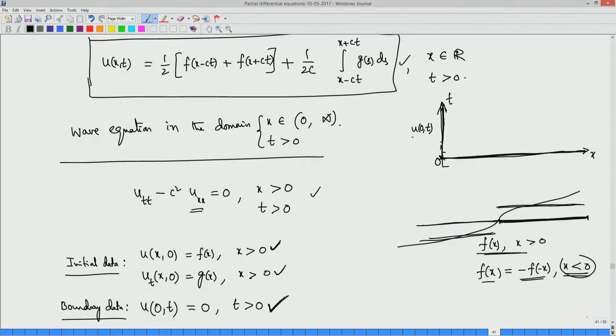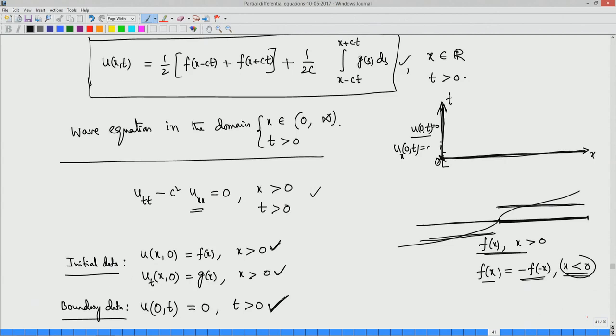We can in the same way also see if your boundary data is Neumann data, that is u_x, instead of u(0,t). If you have u_x at (0,t) given here at x equal to 0, that means the slope of the string at x equal to 0 is 0. That slope you fix in such a way that the slope of the string is 0.